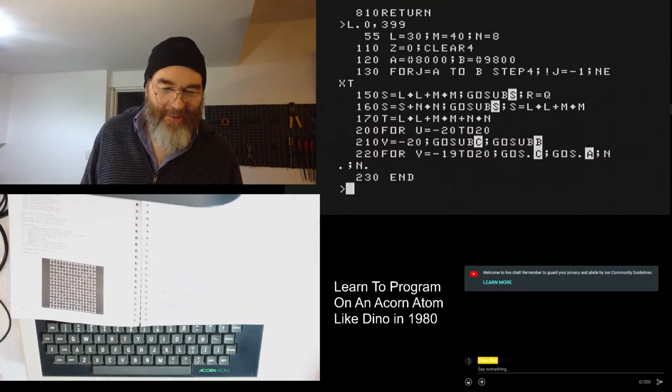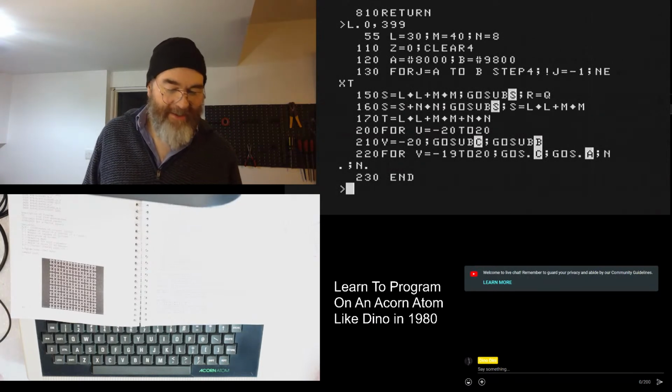4J equal A to B, step 4, minus J equal minus 1. Next, S equal L times L plus M times N, gosub S, R equal Q, S equal S plus M times N, gosub S, S equal L times L plus M times N. Line 170, T equal L times L plus M times N plus N times N. There's not really much chance that it would overwrite it.